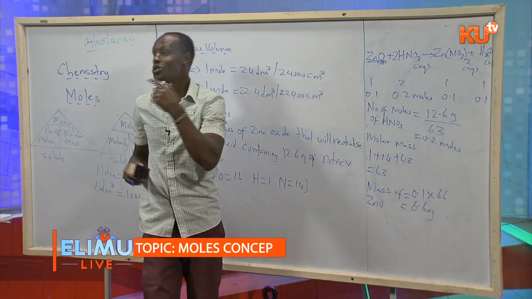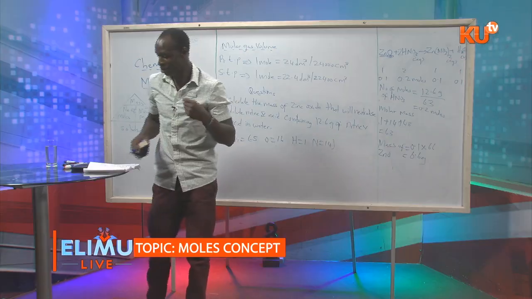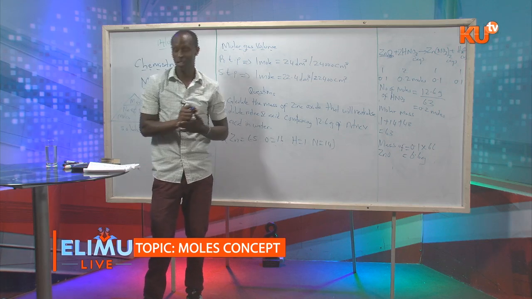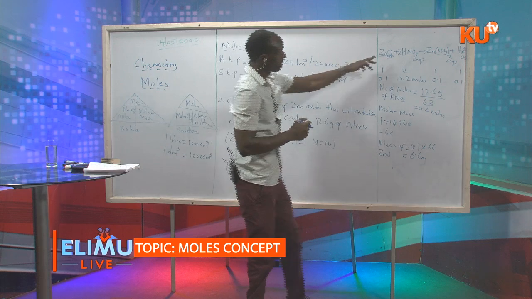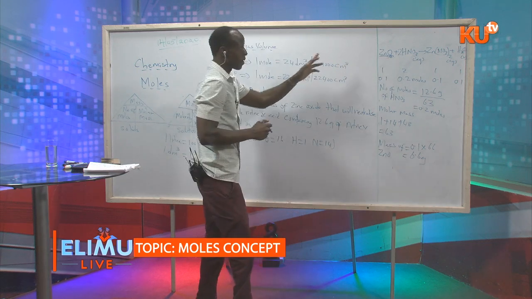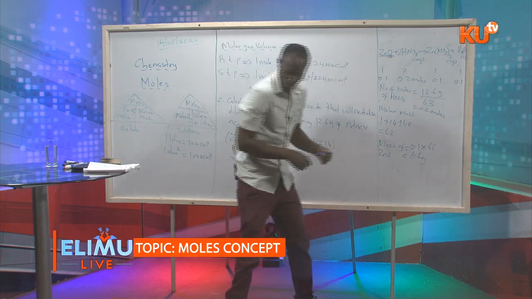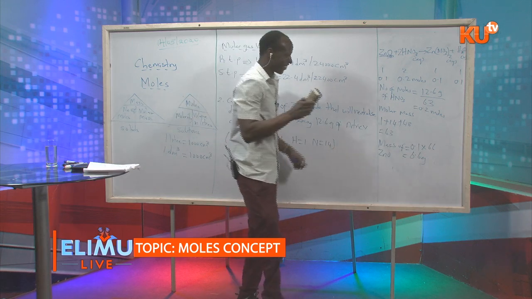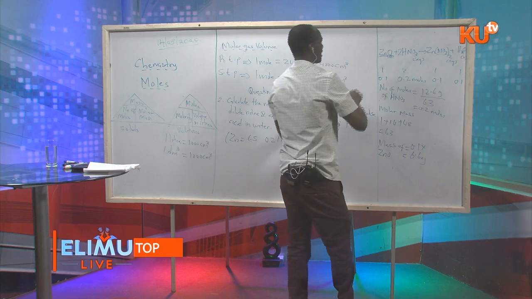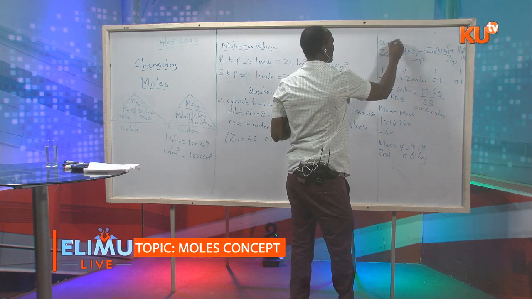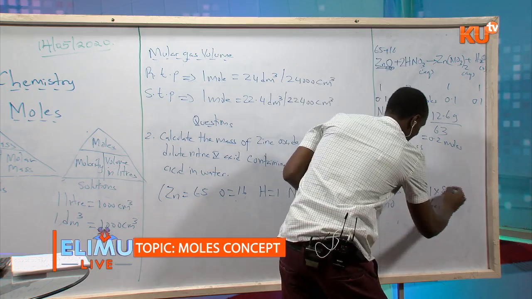That's why it's always good to go through your working. At least you'll be able to notice where you went wrong and correct it so that you don't lose the marks. Because it's zinc oxide, you do 65. I was correct, sorry. 65 plus 16 gives you 81.